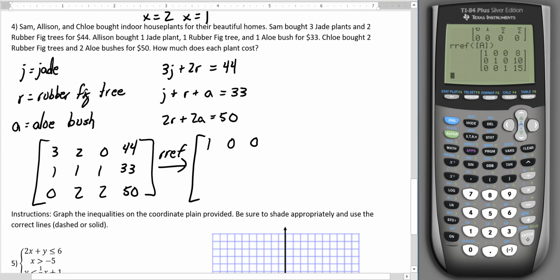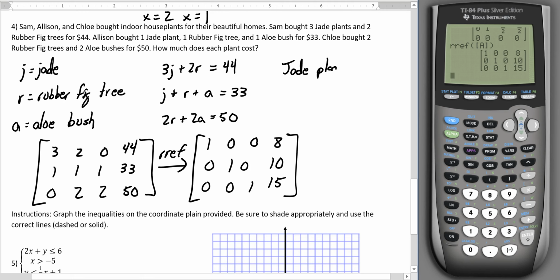Show all your work. 1, 0, 0, 8, 0, 1, 0, 10, and 0, 0, 1, 15. So this first variable was J, so a jade plant is $8. That was supposed to be a $ sign. I messed that one up.